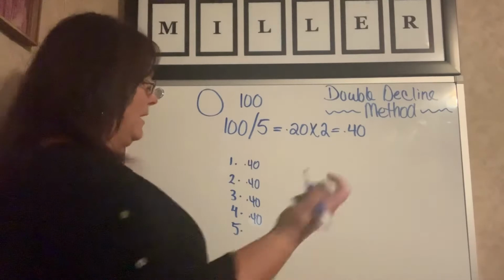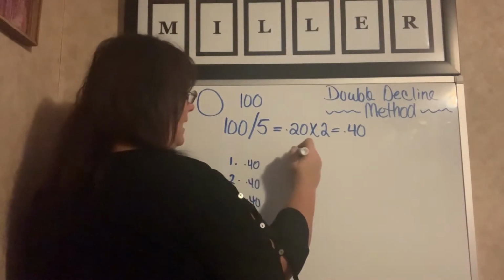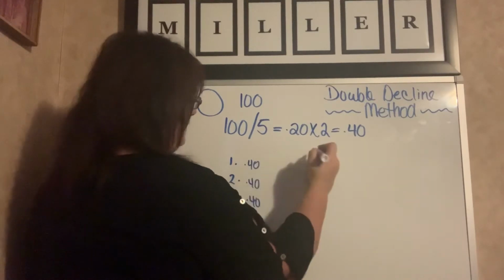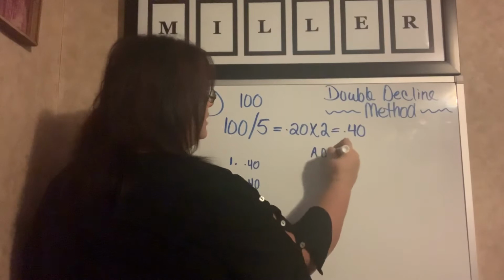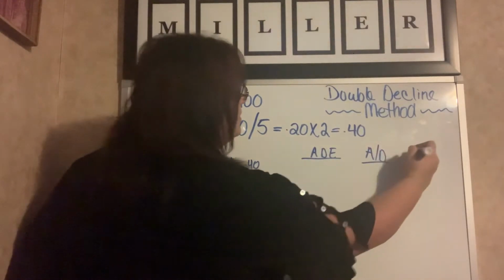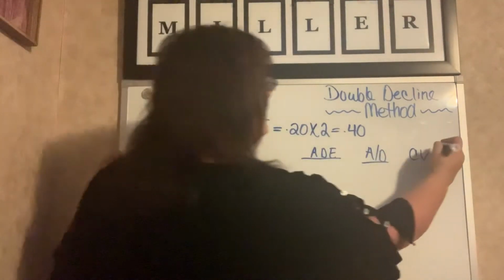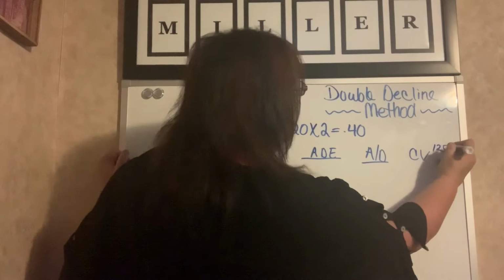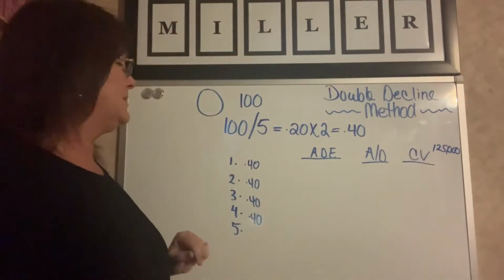Okay, so let's plug in our numbers. We need a space over here for our math, so we're going to put annual depreciation expense, accumulated depreciation, and our carrying value. To remind you, the cost of this asset was $125,000, up there off to the side.